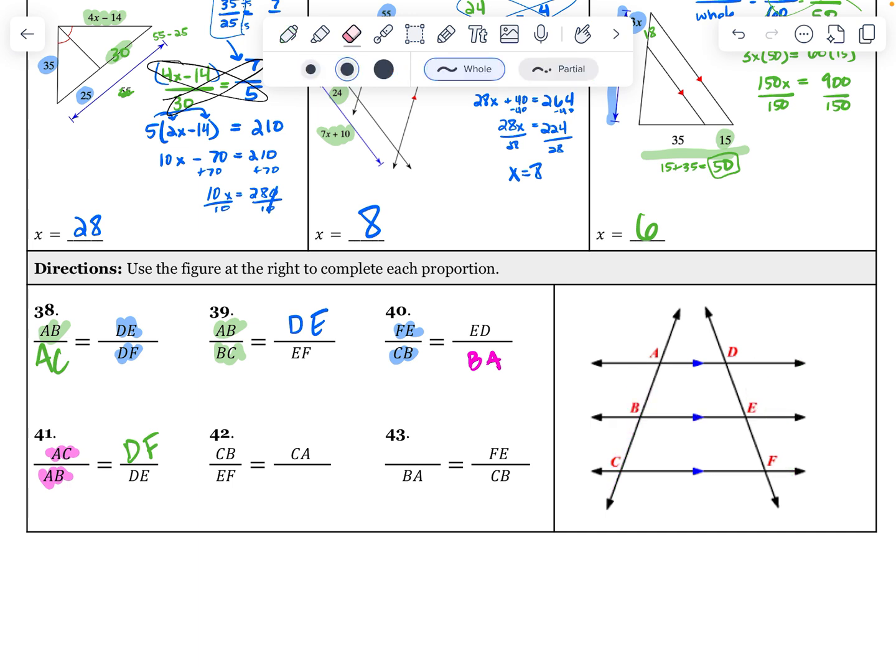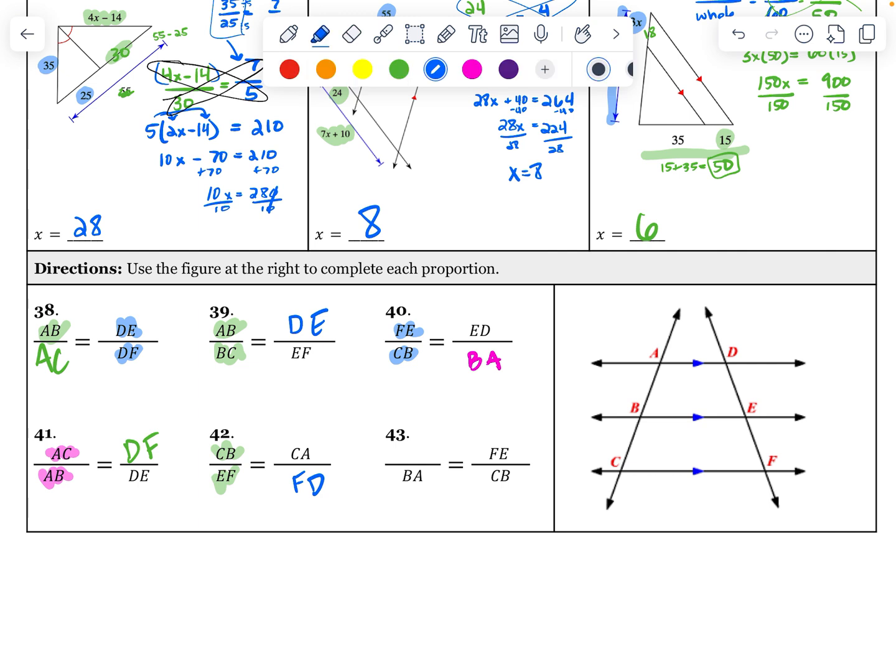So B, CB, EF, so we went across instead, that's okay. CA is going to cross FD. And we're almost done with the study guide.